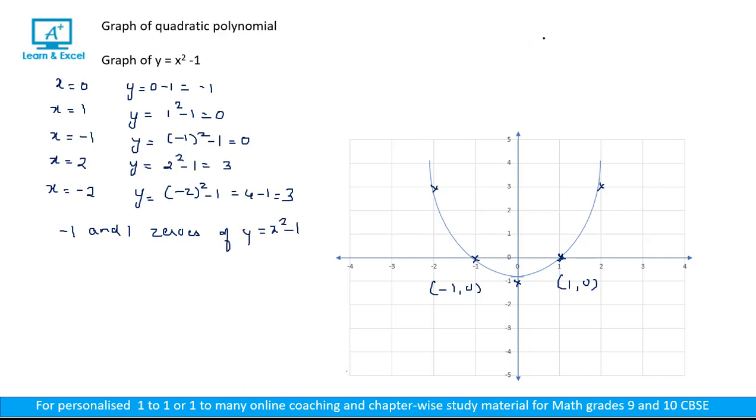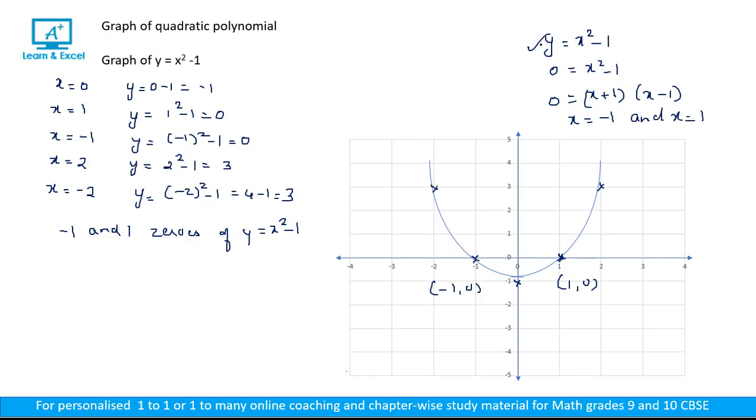Now let us take this equation y equal to x square minus 1. For this quadratic polynomial, let us find the zeros. So for this, we set 0 equal to x square minus 1. That means (x plus 1) into (x minus 1) equal to 0. So x equal to minus 1 and x equal to 1.